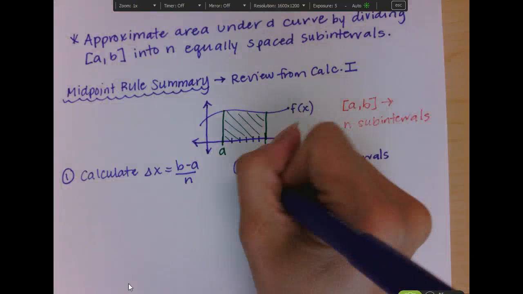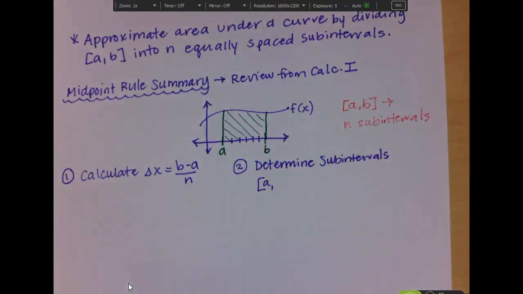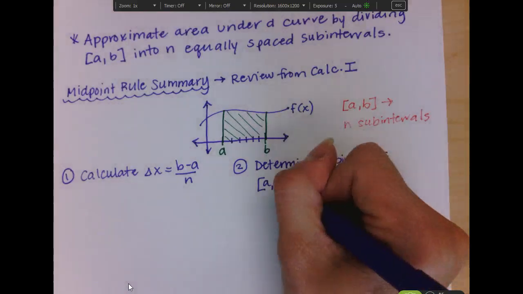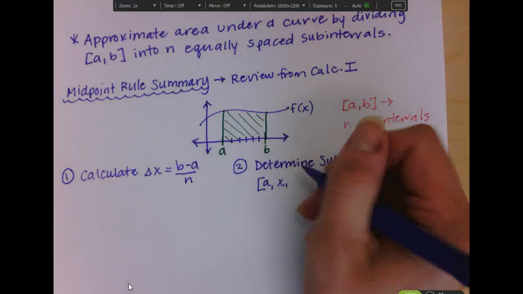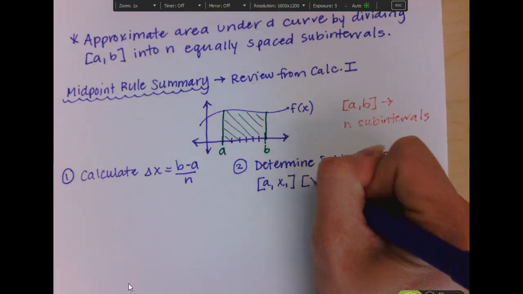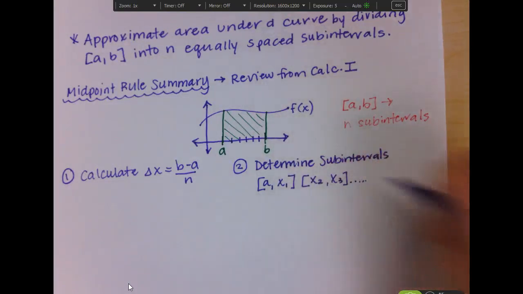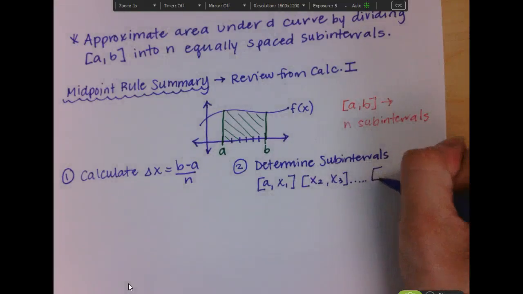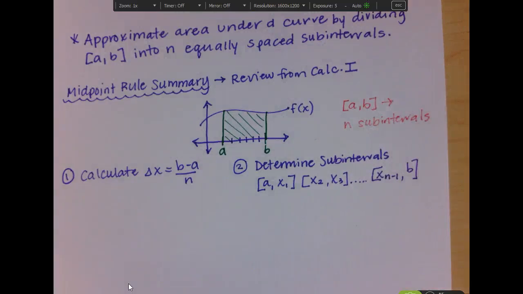So remember that our subintervals, of course, the leftmost endpoint of our first subinterval will start at a, and then we'll have some x1 value. Then we'll have x2 to x3, x3 to x4, x sub n minus 1 all the way up to b.